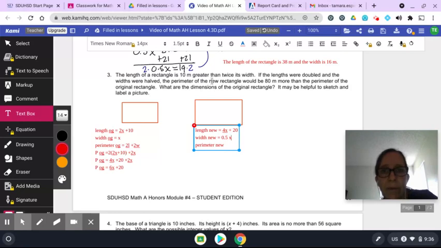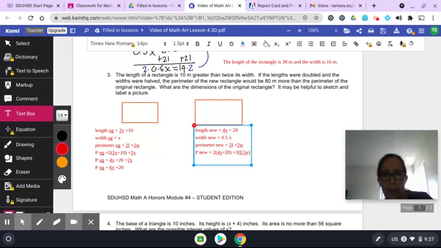The perimeter of the new rectangle. Oh, I got to come up with a perimeter expression. So I think perimeter new, 2 lengths plus 2 widths. My perimeter new, 2 times its length, which is 4x plus 20, plus 2 times its width, which is 0.5x.